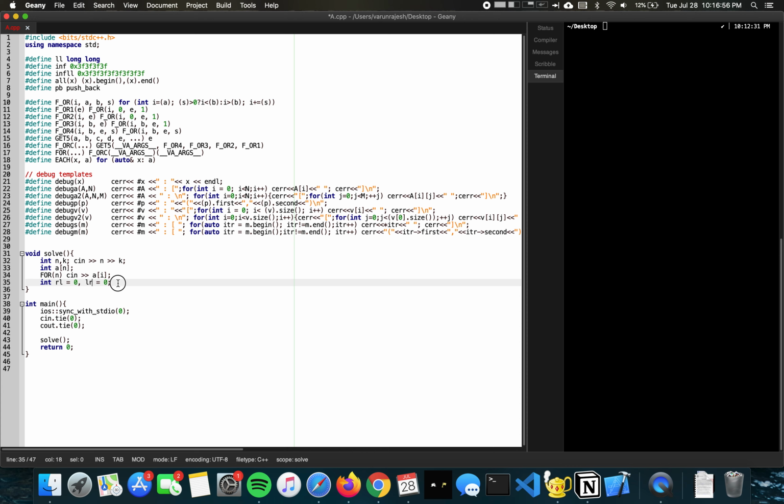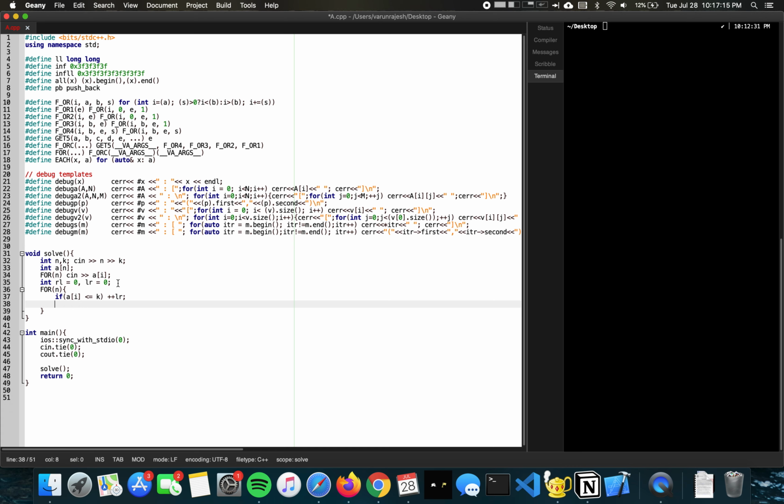First, let's go left to right. For i from 0 to n, we check if a[i] is less than or equal to k. If so, we increase our left-to-right count by 1, because we can do one more programming contest. Otherwise, we break.